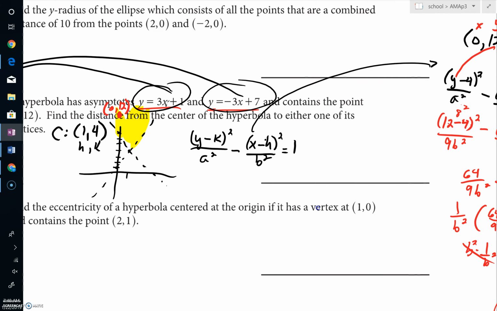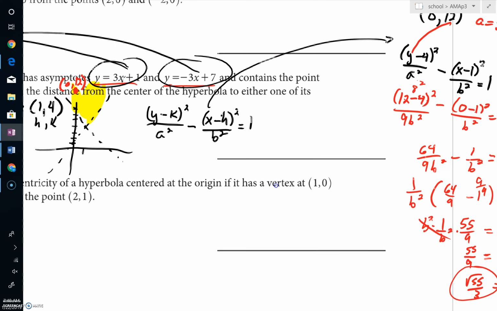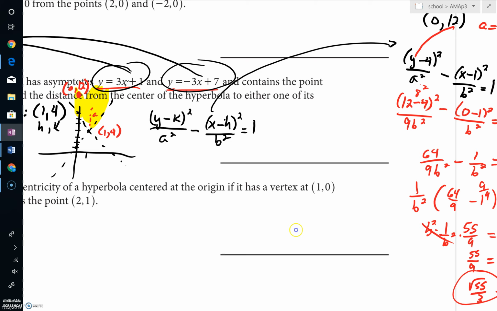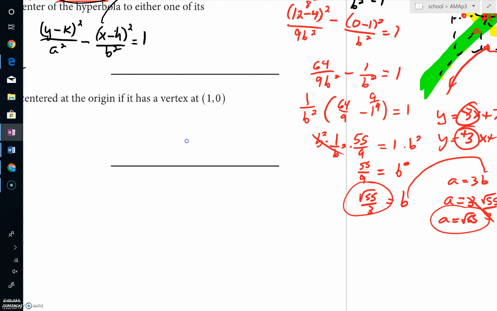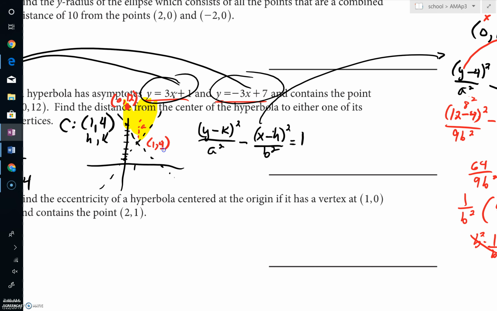Our center was 1, 4. And remember that we're going to go up A steps. So here's 1, 4, and we're going to go up radical 55. So this point right up here is still at 1, but then it's going to be 4 plus radical 55.